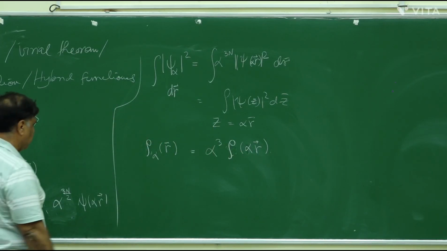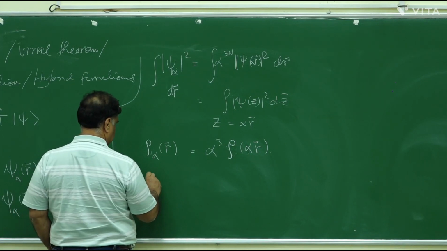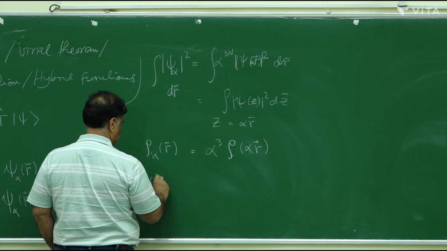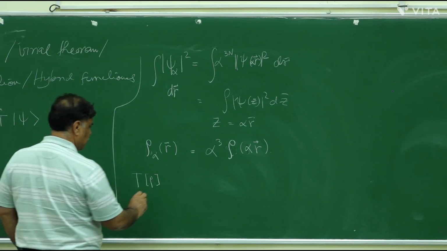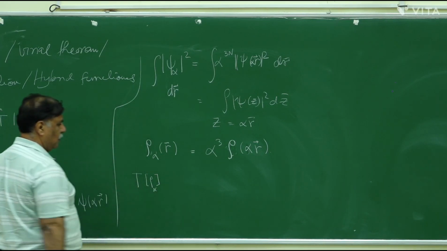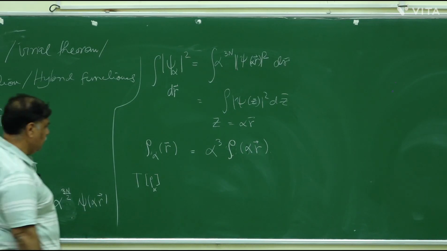If I take the expectation value T rho and want to calculate T rho alpha, what would this be?